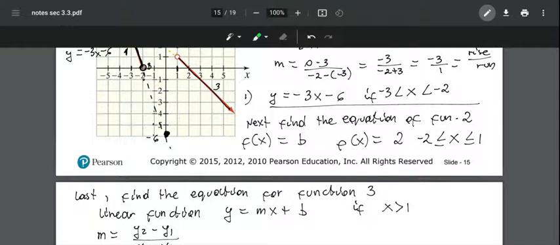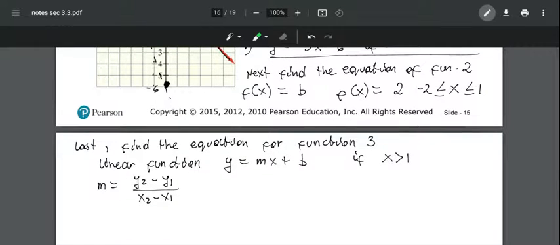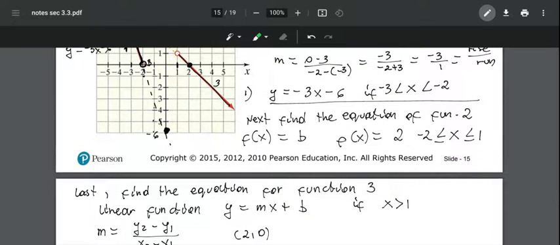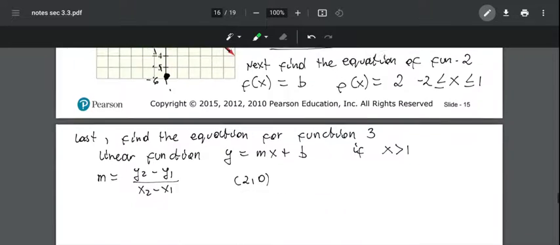Select any 2 points which belong to our equation of function 3. You can select point (2, 0), and the second point you can select is (3, -1).